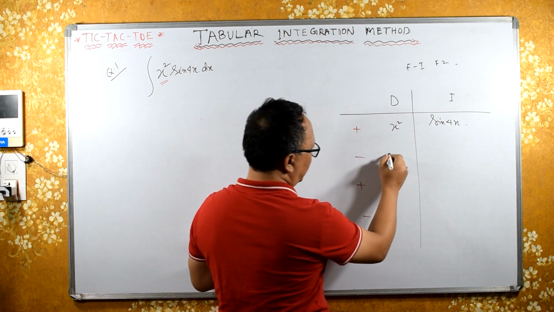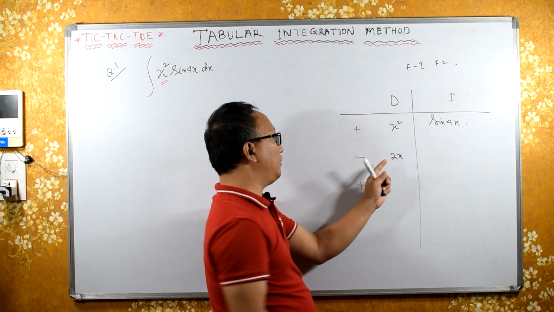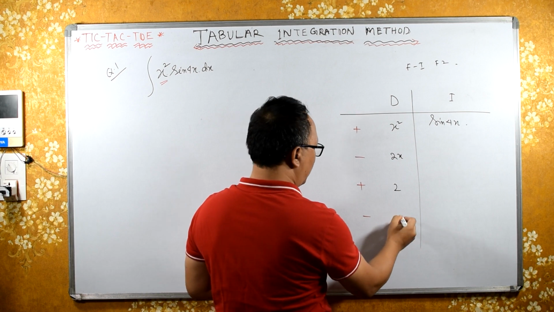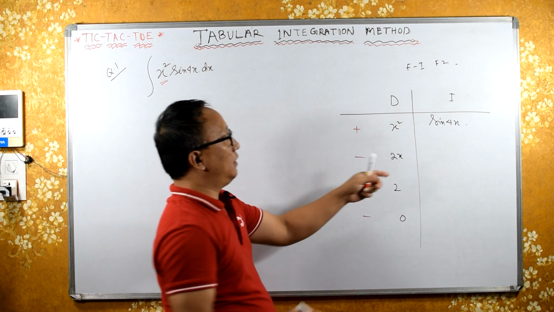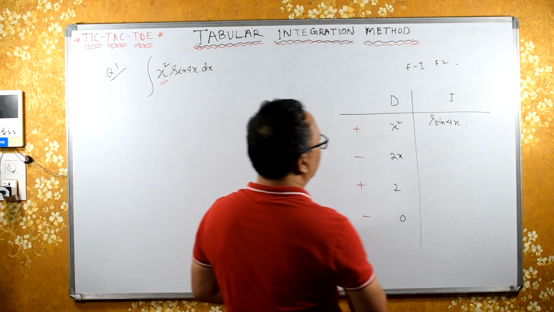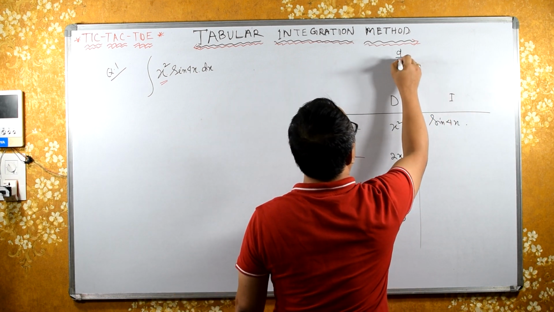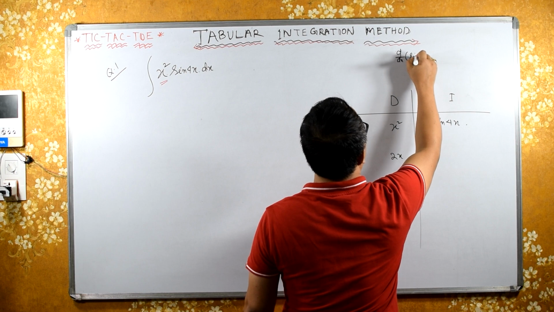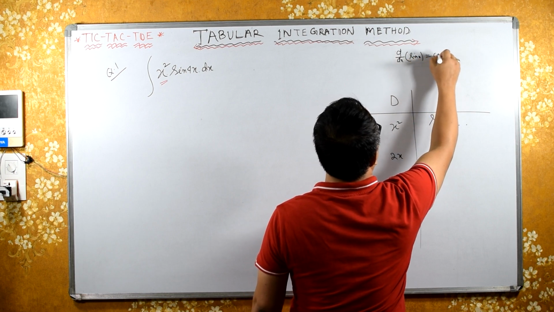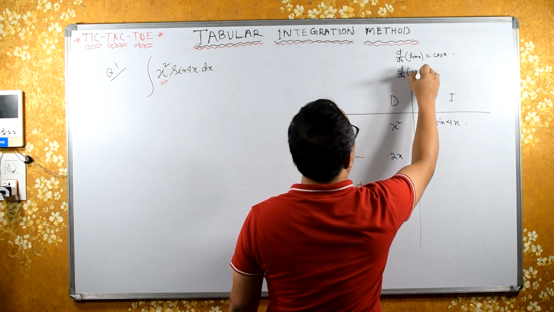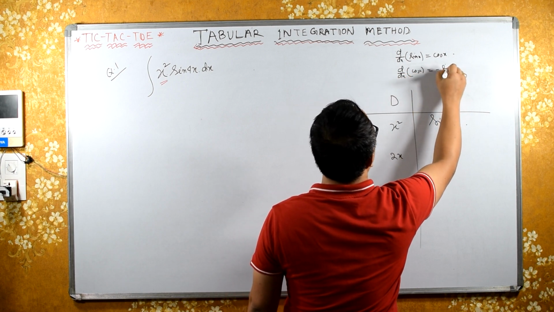Okay, now d by dx of x square is what? Twice x, and differentiation of twice x becomes 2, and differentiation of the constant 2 is 0. Okay, now what about integration? We know that d by dx of sine x is cos x, d by dx of cos x is minus sine x.